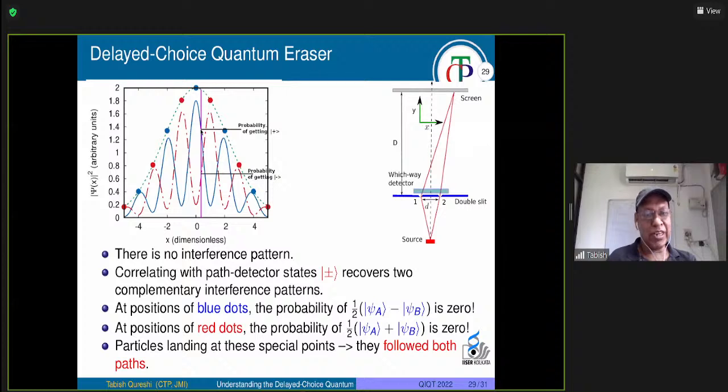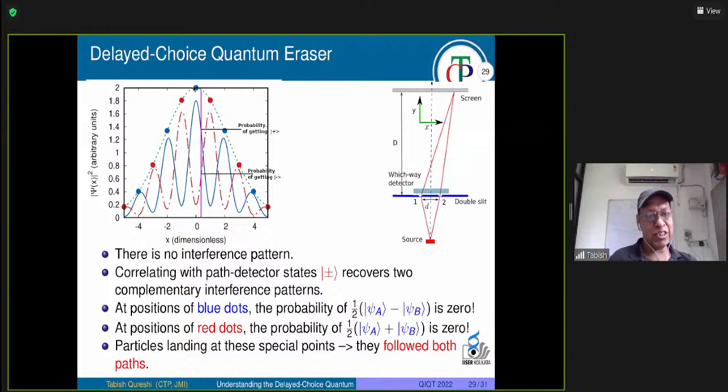It represents the probability of getting this plus state, or rather the probability that you have this psi A plus psi B. And this red dotted curve was in correlation with the minus state of the Q detector. So that means this represents the probability of getting the minus state.